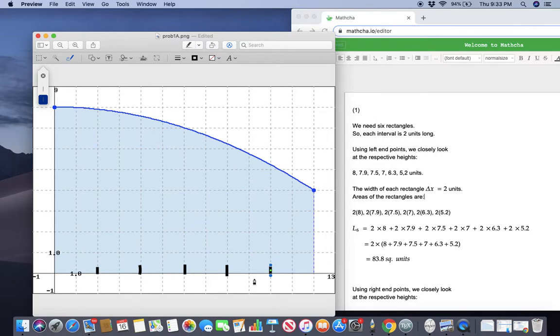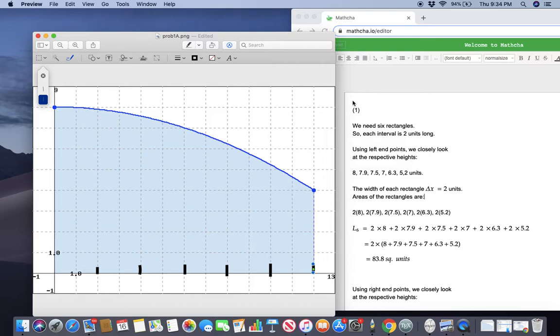So these are the cut points. So that's my first rectangle, second, third, fourth, fifth, and the last rectangle until here. 6 rectangles. Now this is the width of each rectangle. So each sub-interval is 2 units long.